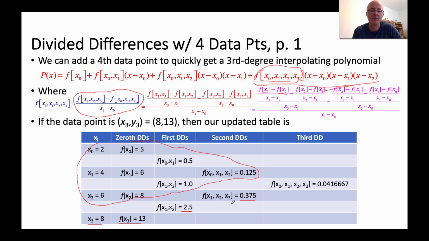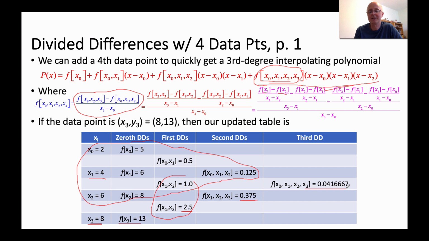It's a divided difference of first divided differences, these two, divided by this difference between these two nodes. Notice the symmetry. This is halfway between these nodes. That helps remind you that you want to divide by this minus this. So 2.5 minus 1 is 1.5. 1.5 divided by 8 minus 4 is 1.5 divided by 4, which is 3/8, or 0.375.